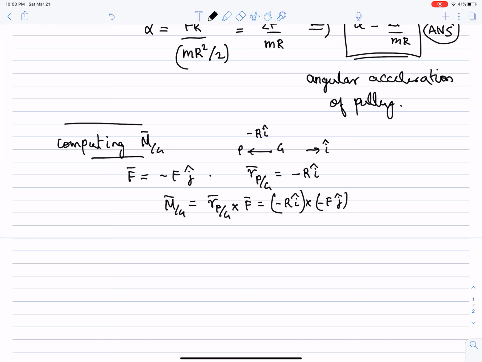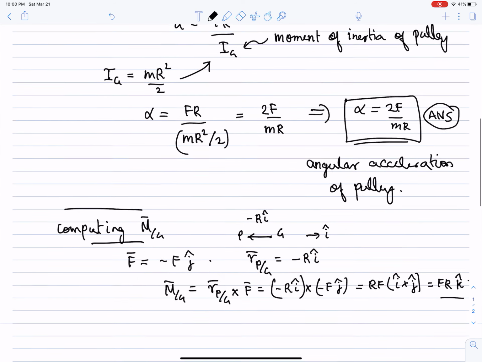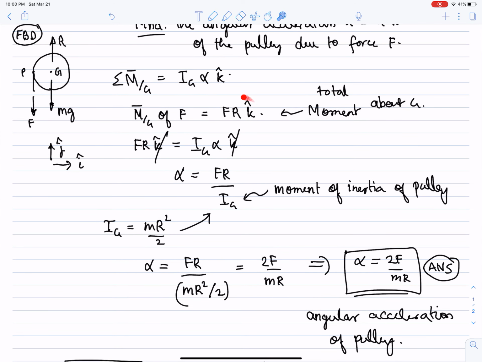You get RF, I cross J, and you get FRK, which is what we used earlier. There we directly said it's force times the moment arm, F times R, in the anticlockwise direction, which gives K. That's a quick way of finding the moment.